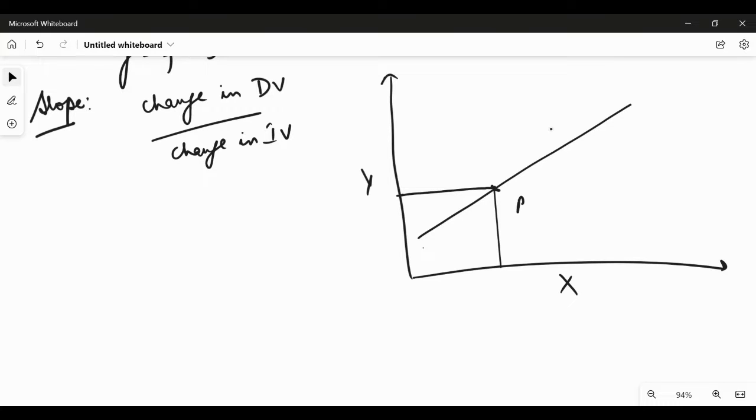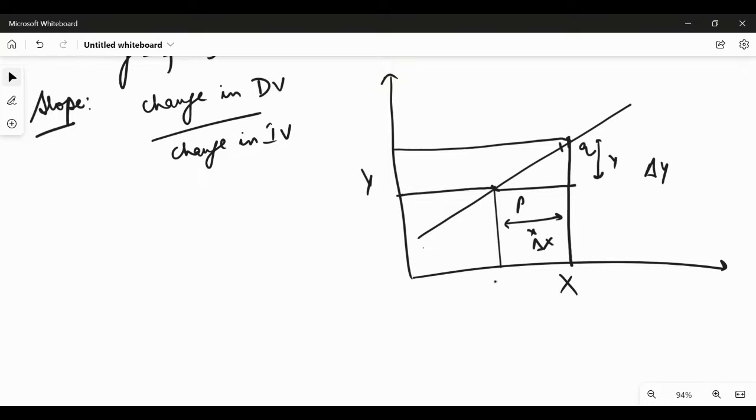Let's say this is point P. Now, if I have to move toward point Q, let's say this is point Q, right? So we can say that this much increase in one variable will lead to this much increase in other variable. So you can see that change in x will lead to this much change in y.